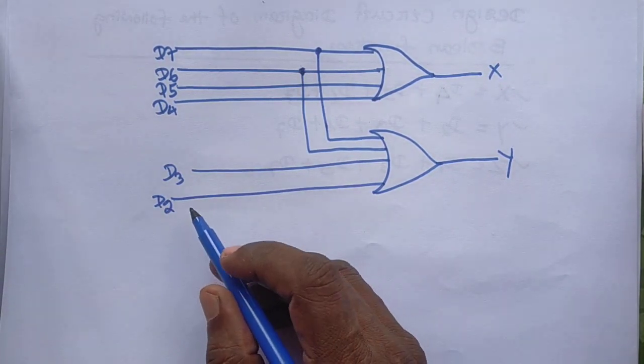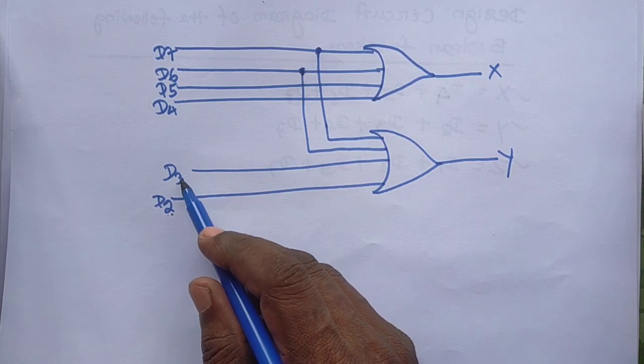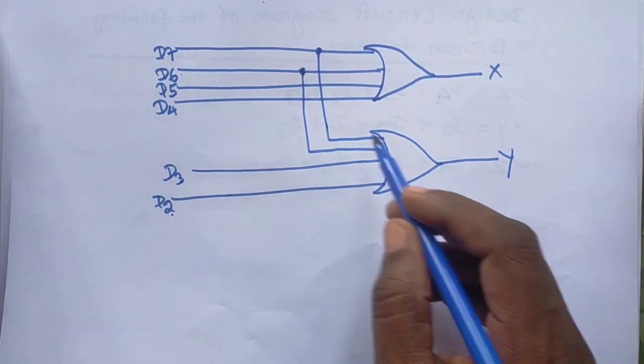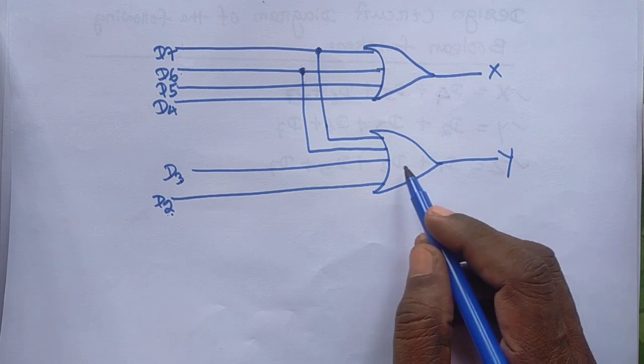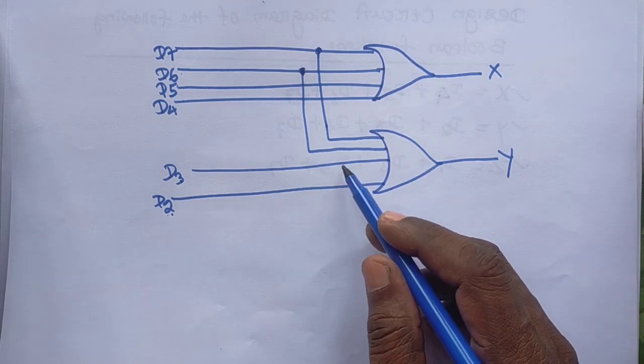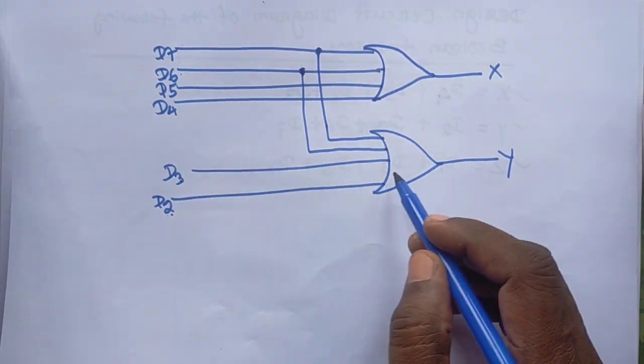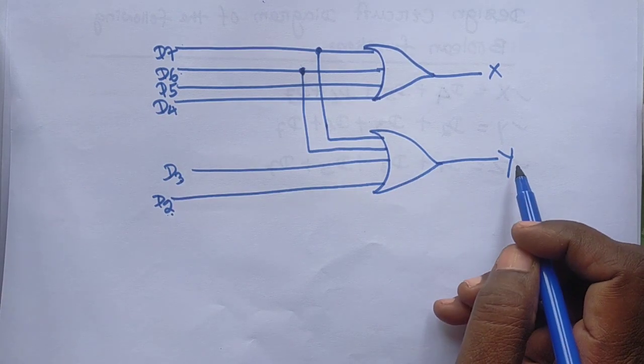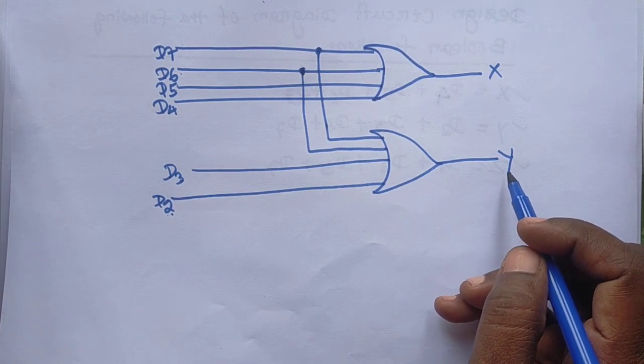For this OR gate the inputs are D2, D3, D6, D7, and it provides the Y output.